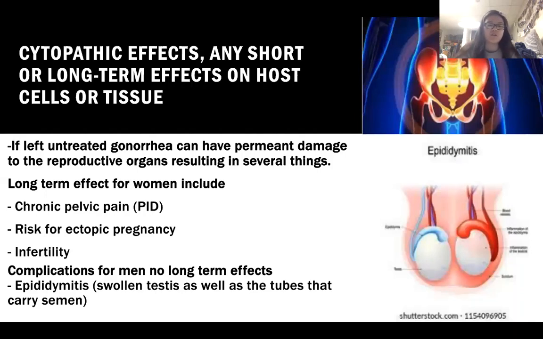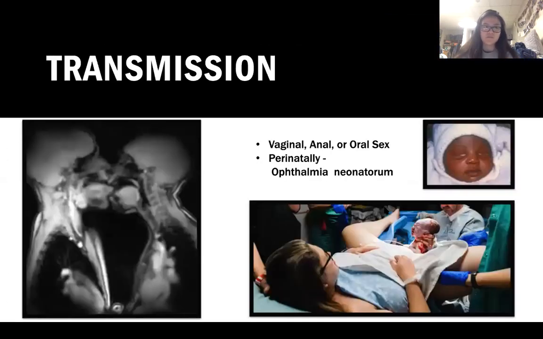If left untreated, gonorrhea can have permanent damage to the reproductive organs, resulting in several things. Long-term effects for women include chronic pelvic pain, PID, risk for ectopic pregnancy, infertility. Complications for men, there aren't any long-term effects, but they can suffer from epididymitis, swollen testes, as well as the tubes that carry semen.